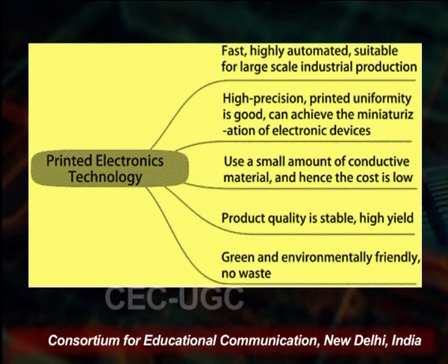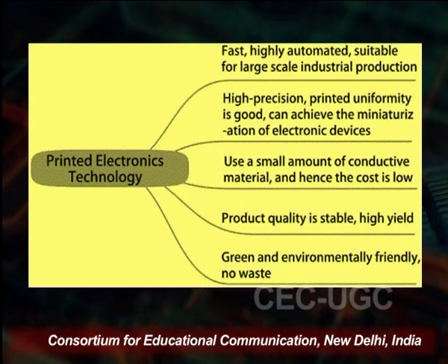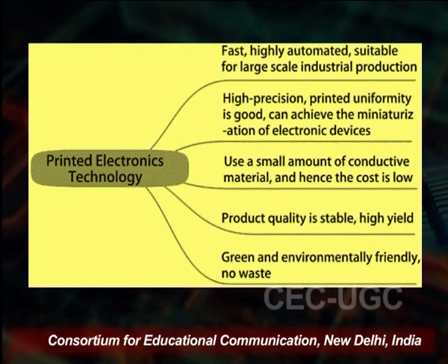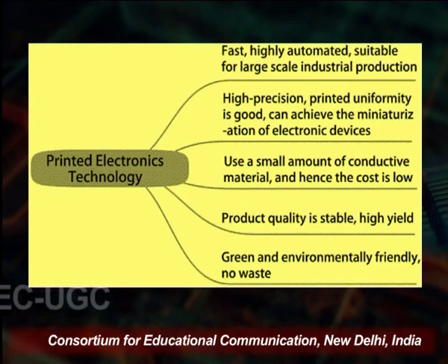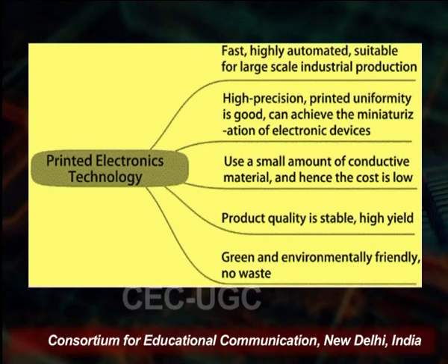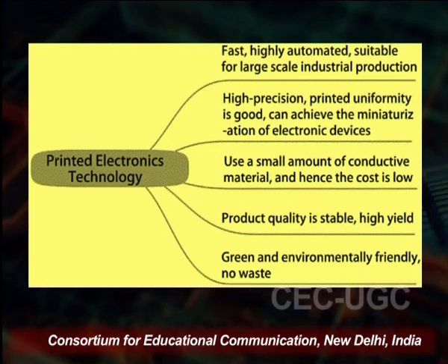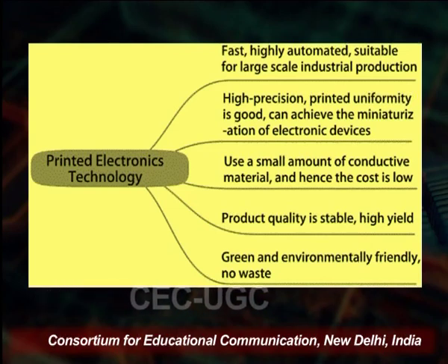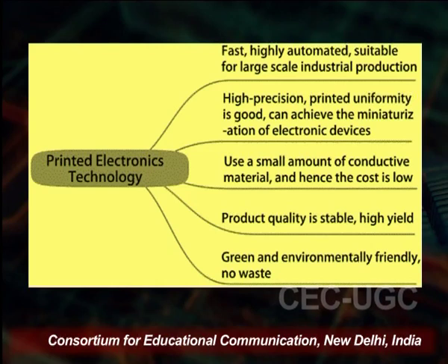Now some of the features of printed electronics are that it is fast, highly automated, and suitable for large scale industrial production. We can achieve mass production by using printed electronics at a lower cost. Moreover, it gives a highly precise instrument. Printed uniformity is good, and we can achieve miniaturization of electronic devices through printed electronics.